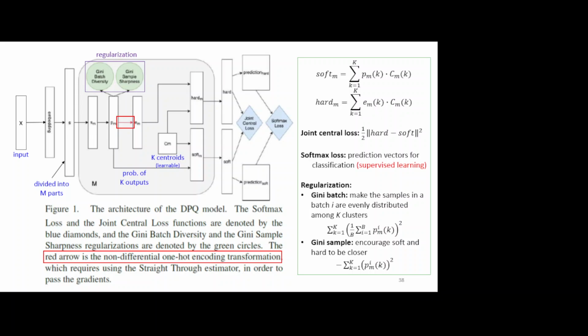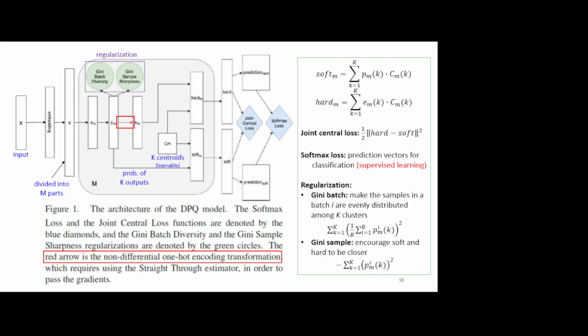So we repeat n blocks, but each block handles one segment. Suppose this is the first segment. For the other segments, we just copy the same architecture to do the training or the inference.